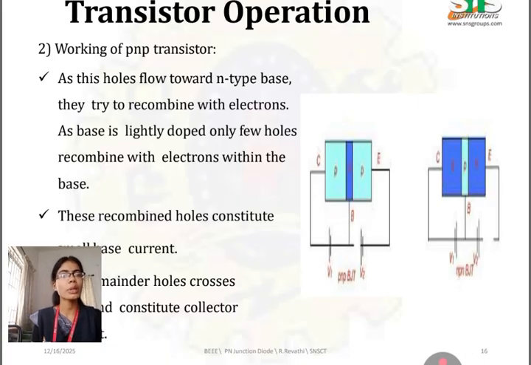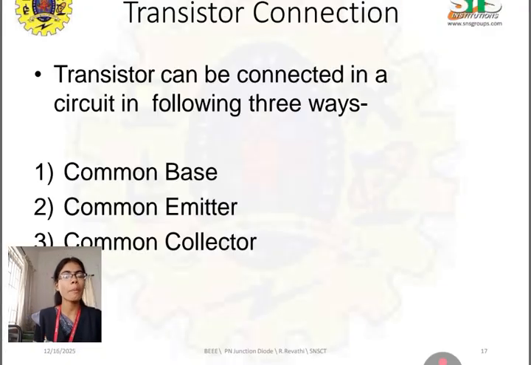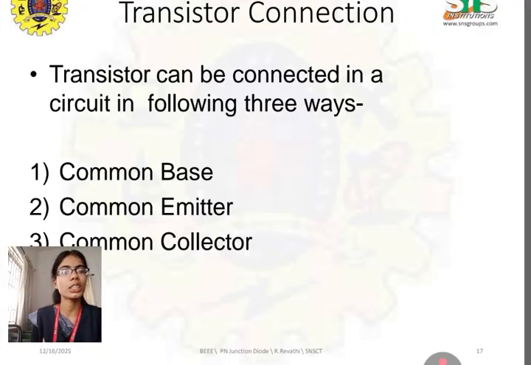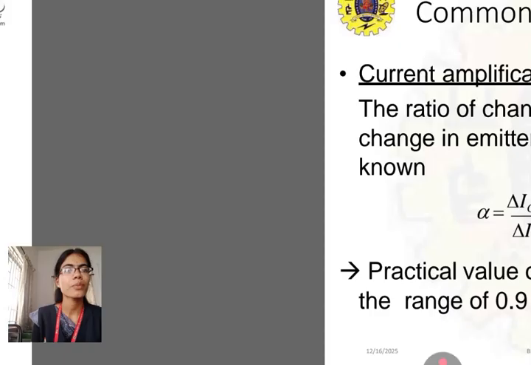Common base, common emitter and common collector are the three configurations of transistors. So these are all the construction of a BJT.